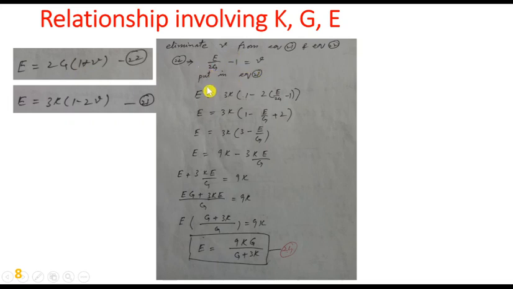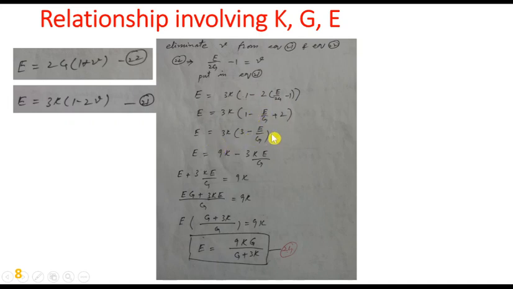Put in 21, E is equal to 3K into 1 minus 2 into, instead of mu, put the value of this, E over 2G minus 1. So E is equal to 3K into 1 minus, by multiplying 2 here, E over G plus 2.